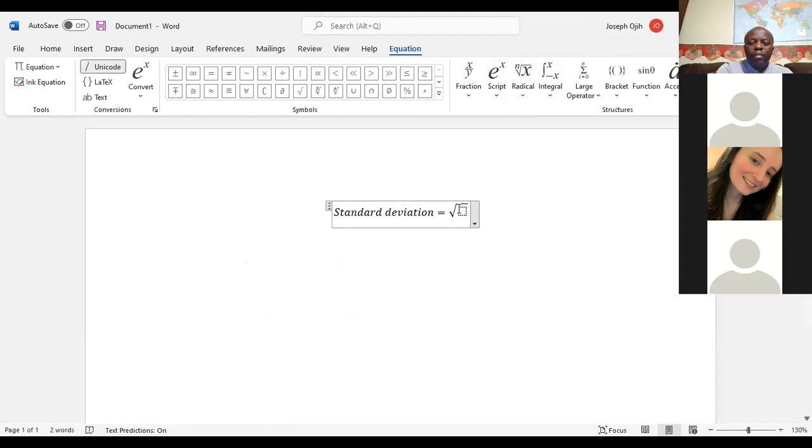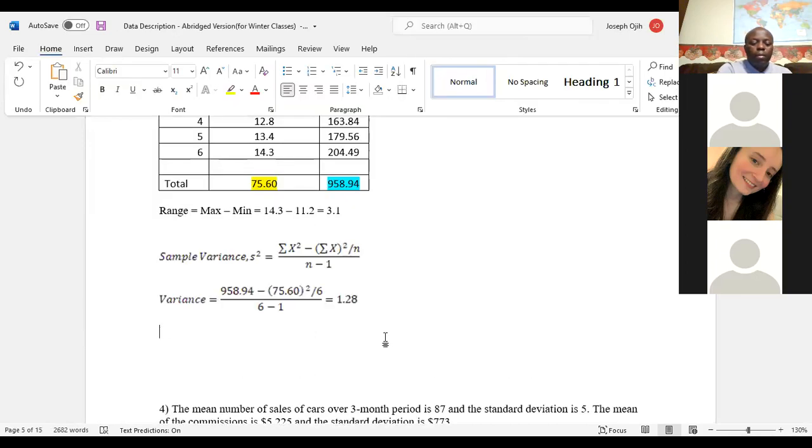We have a few minutes left, so after this one, we continue tomorrow, okay? Which is the square root of the answer we got, which is 1.28, and that is 1.13. So I'm going to copy it and paste it here. You can all see my screen, right? Yes.